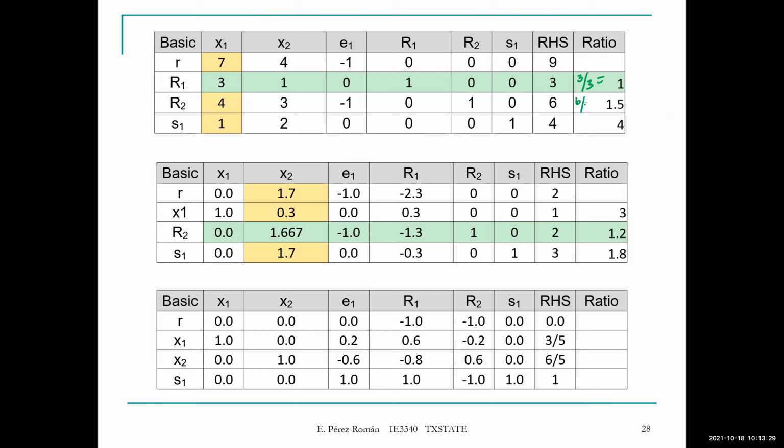This is 6/4 equals 1.5. And this is 4/1 equals 4. So the minimum is 1. So that means that R1 is leaving, X1 is entering. So that's why X1 is taking the place of R1.